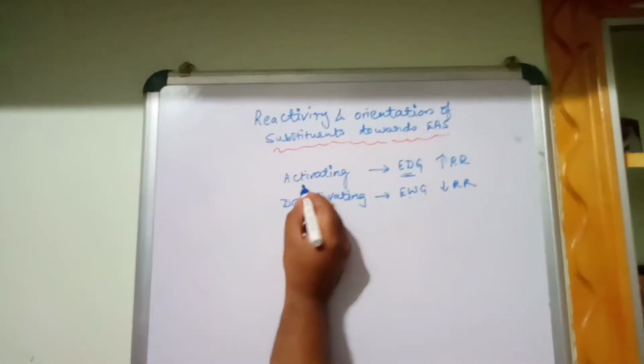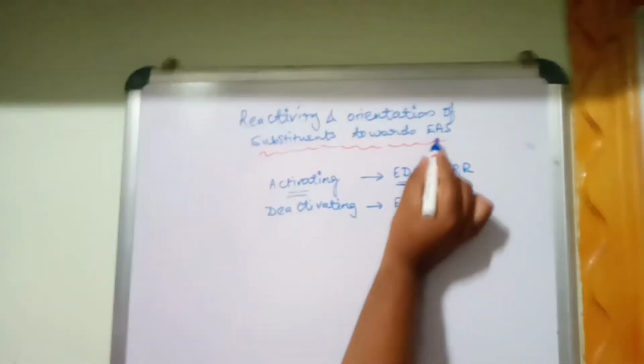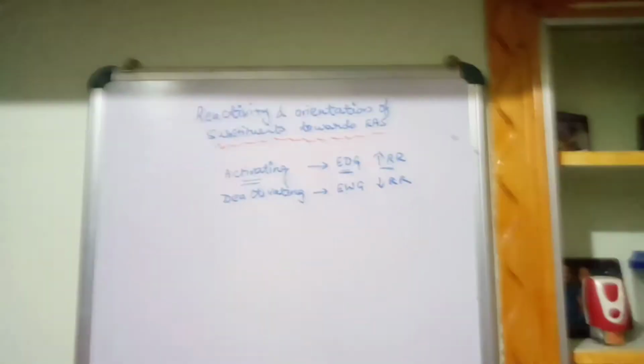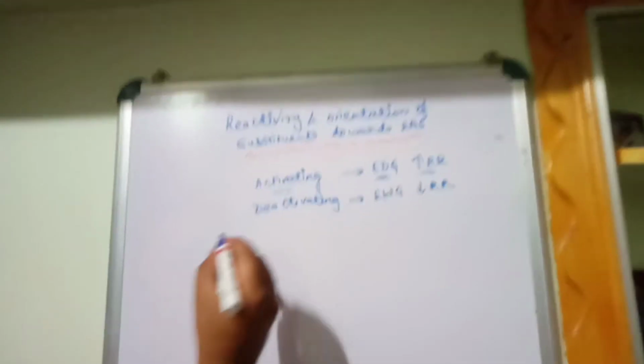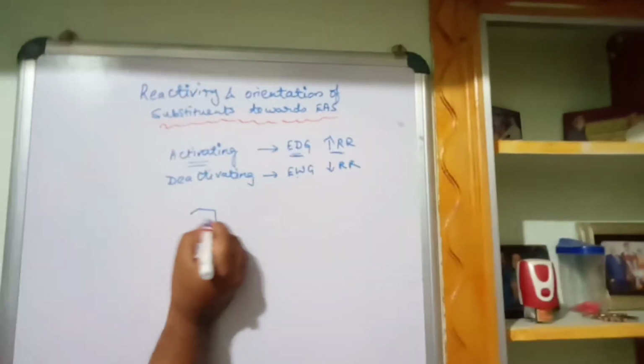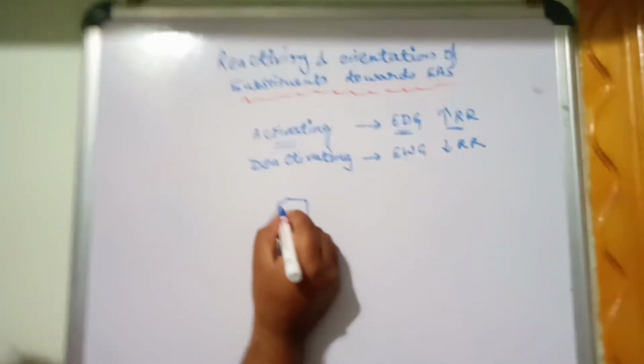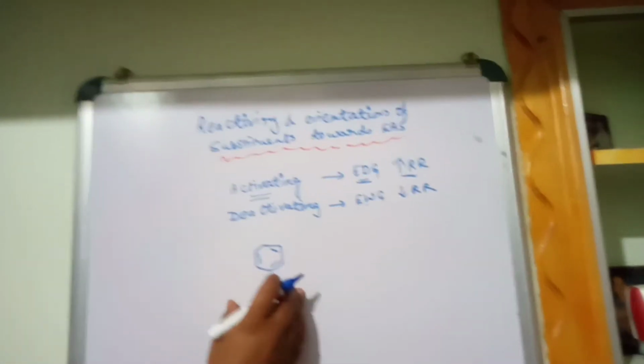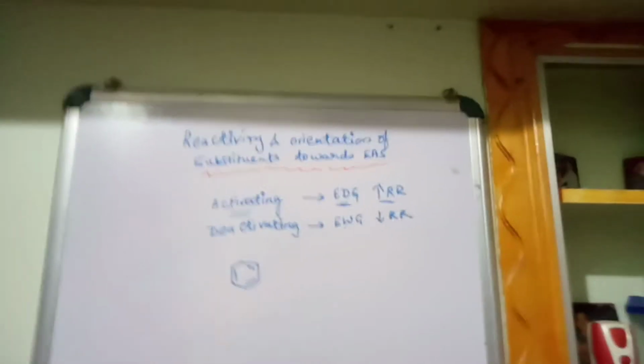Now how do these activating groups increase the rate of electrophilic aromatic reactions? We know that benzene will undergo electrophilic aromatic substitution reaction. We have discussed the various types of electrophilic aromatic substitution reaction in my previous lectures.